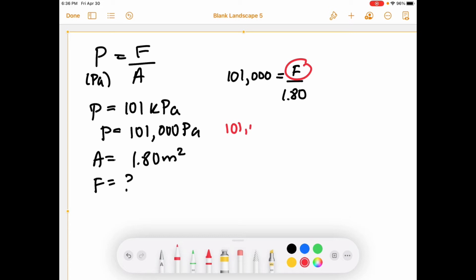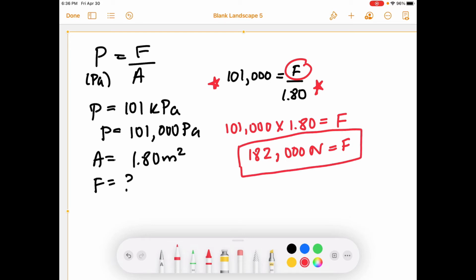So 101,000 times 1.80 equals F. Remember, if you are dividing on this side, you do the opposite on the other side, so you would multiply on this side. You multiply that together and you get 182,000 newtons, which is the unit for force. Therefore, that is going to be your answer.